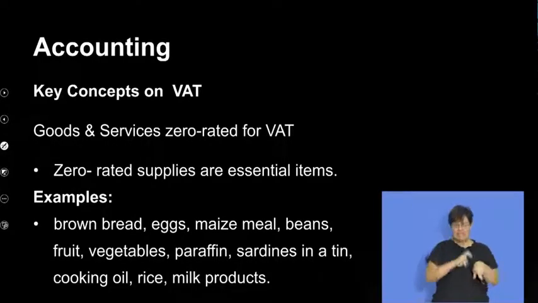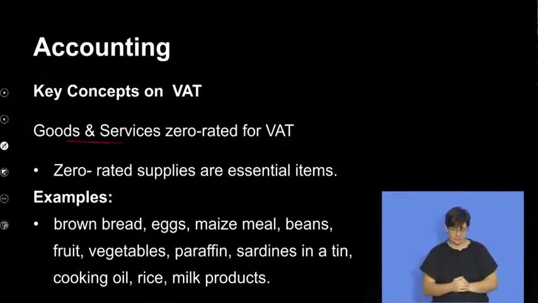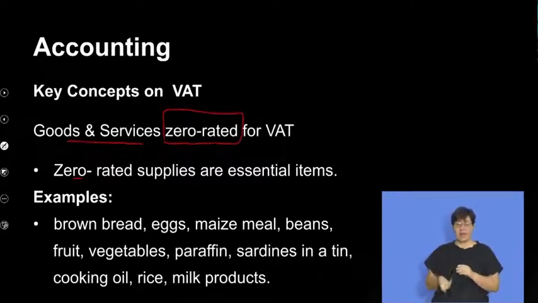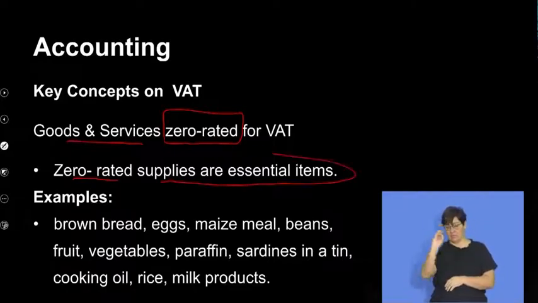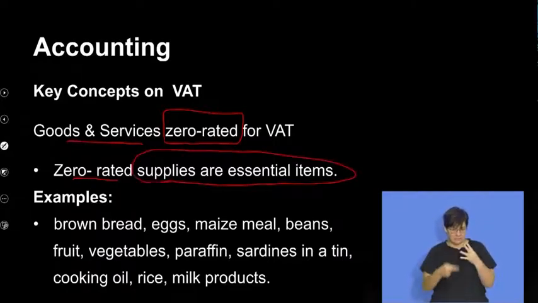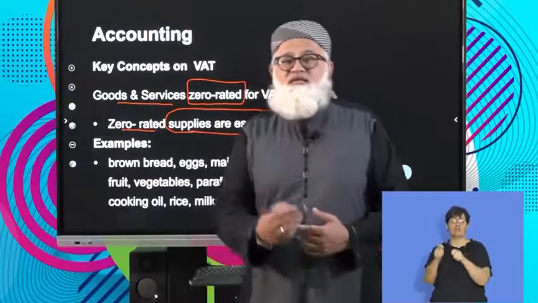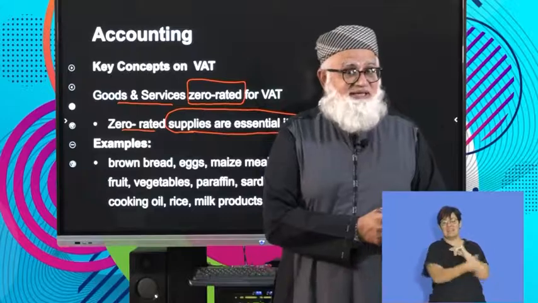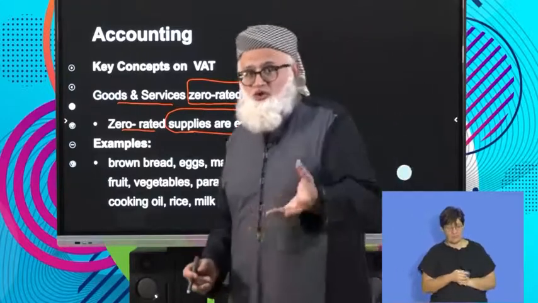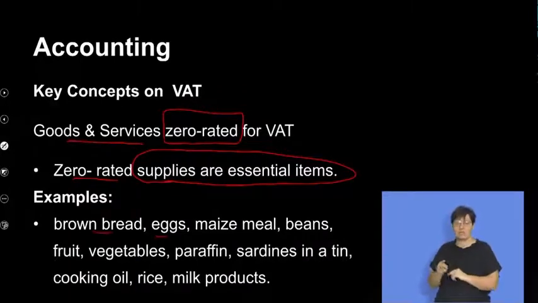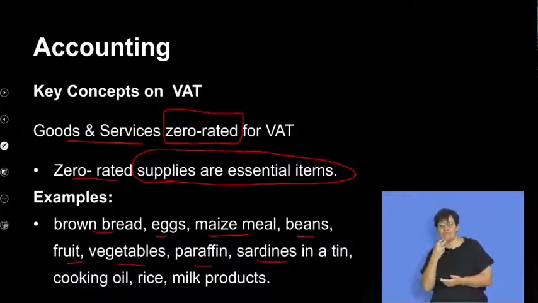Okay, now we come to goods and services that are zero-rated for VAT. This would include essential items, and this list depends on the needs of the country, right? So currently, what you would find on your zero-rated list would be beans, fruit and vegetables, paraffin, sardines in a tin, cooking oil, rice, milk products.